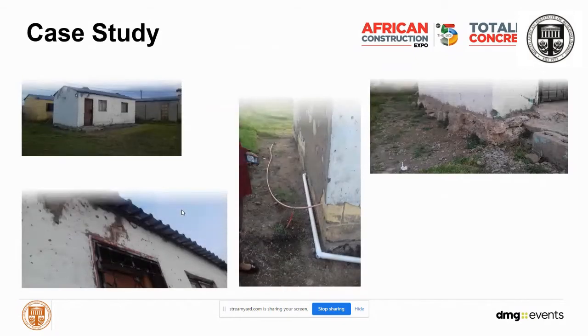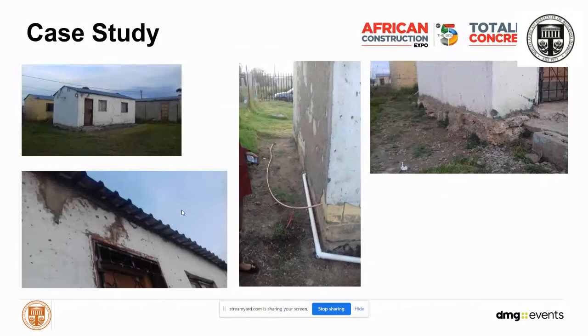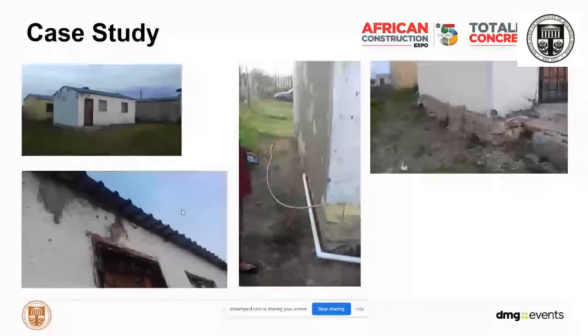I'd like us to have a look at this case study, which is a project that a client commissioned me to come and sort out for him. He had an RDP house and he wanted to do some extensions to the RDP. So I went on site, did an inspection, and upon doing the inspection, I realized that as you can see, obviously in the pictures, the structure was in really bad shape.